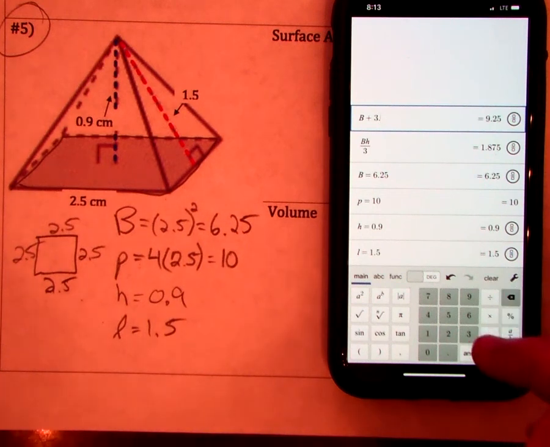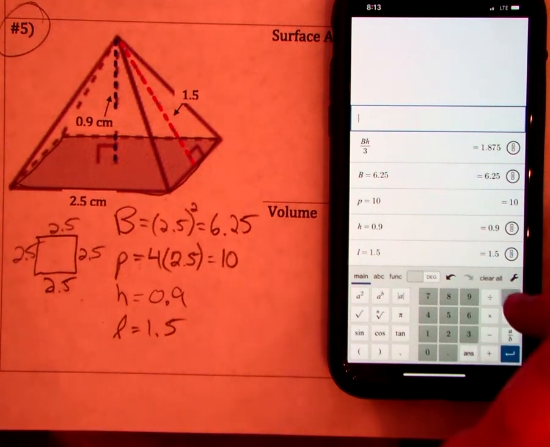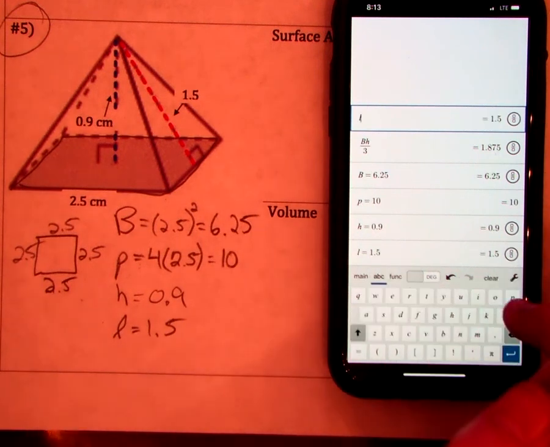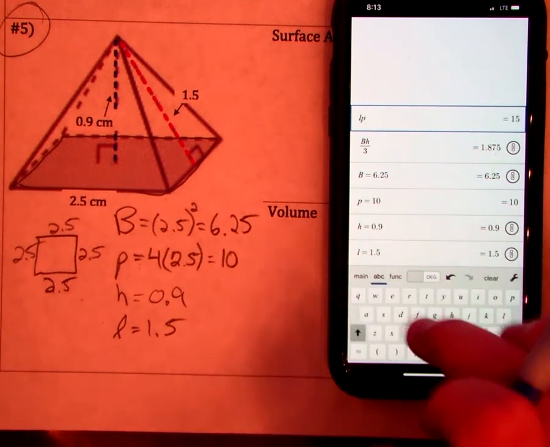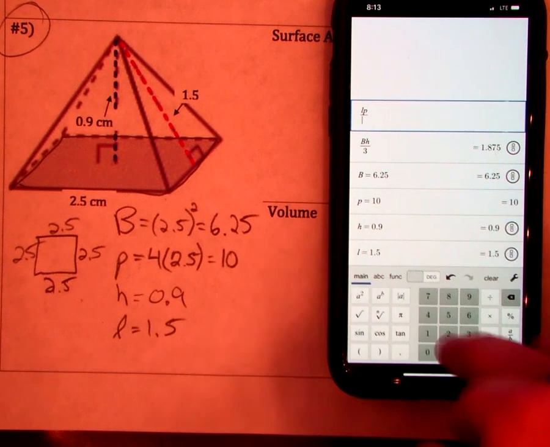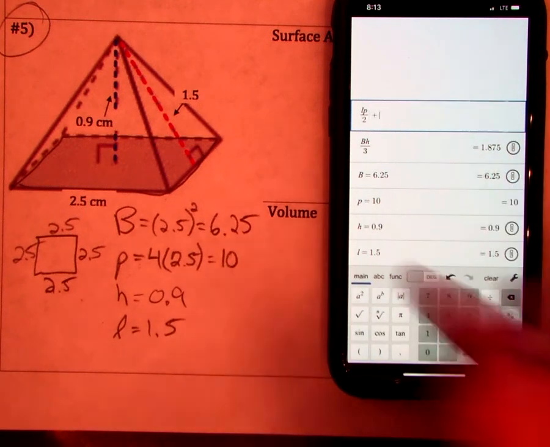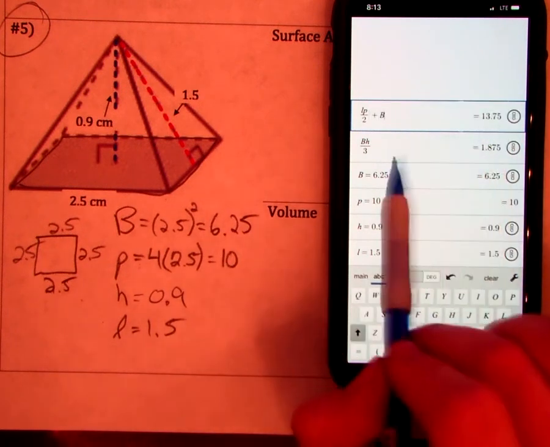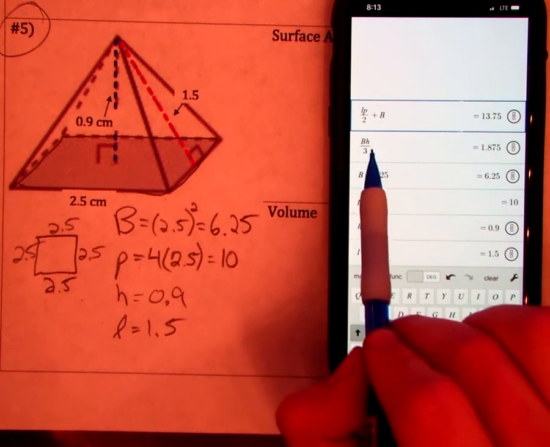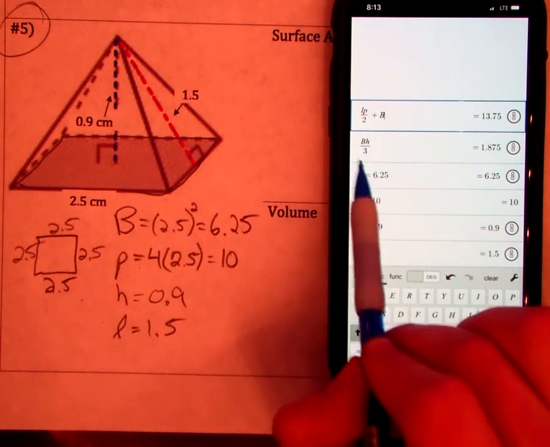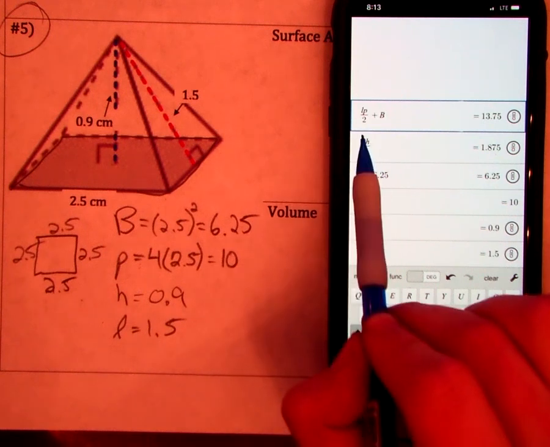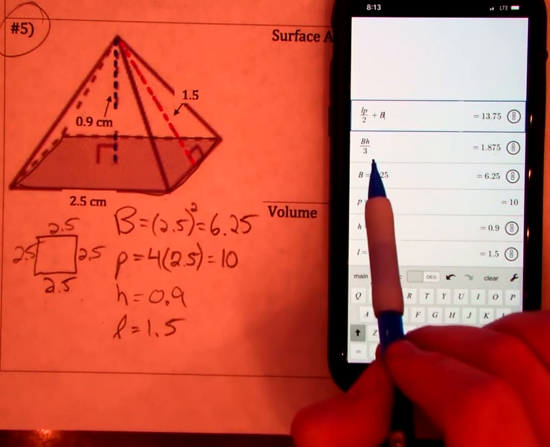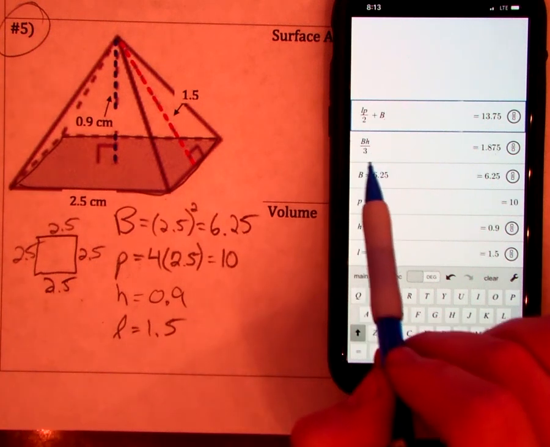So again, the formula for surface area is going to be that slant height times the perimeter of the base divided by 2. And we're going to add in that area of the base, so that big B. However, the volume of a cone and the volume of a pyramid have the same, or at least a similar, formula for us.